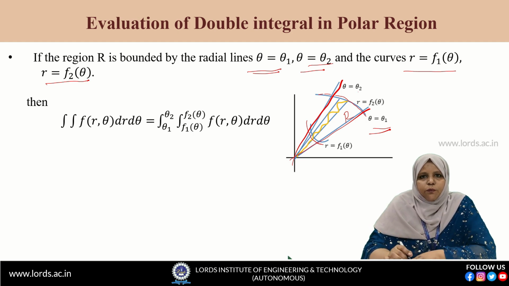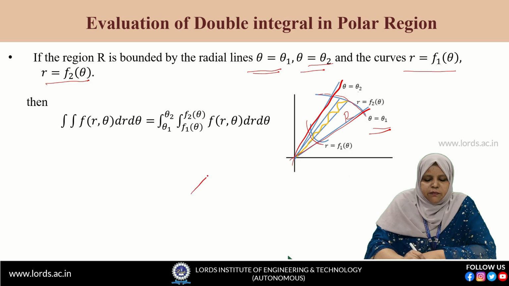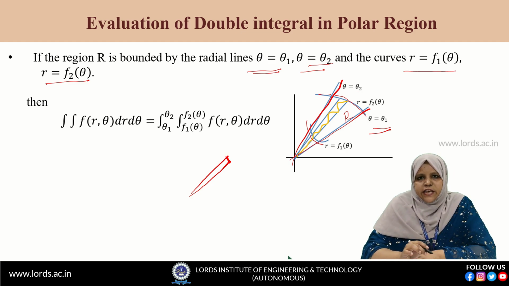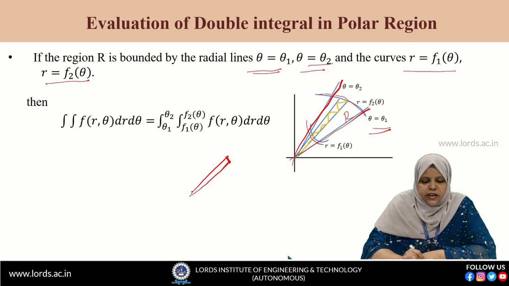And remember in the polar region we have to consider a wedge. Wedge is nothing but a strip, but one end of it will be pointed and the other end will be broad. In the previous case, in the Cartesian form, we have considered a strip. The strip is scale-like, whereas the wedge, one end of it will be pointed and the other end will be broad.